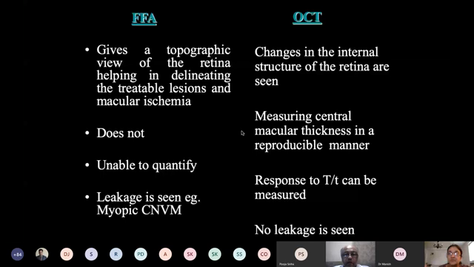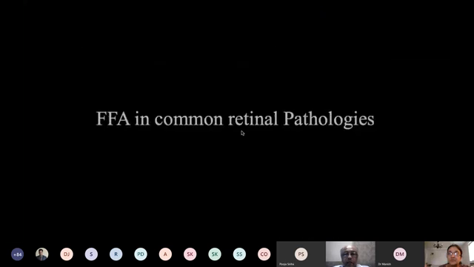Dr. Manisha, before you move ahead, approximately how many more slides do you have? Now I'm just showing some photographs of common retinal pathologies, sir. So I think about maybe 6 to 7 slides. And do you have a CSR in that? Yes.